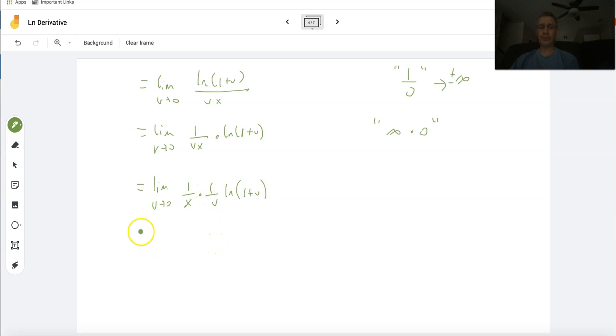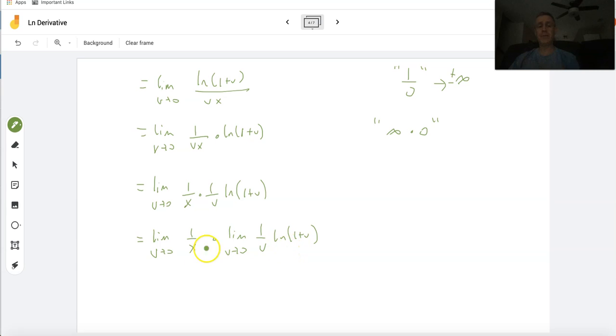Then, applying properties of limits that we learned from the beginning of the year, we learned that when we have a limit of a product of terms, we can split that up into the limit of one expression times the limit of our other expression and evaluate each of these limits separately.